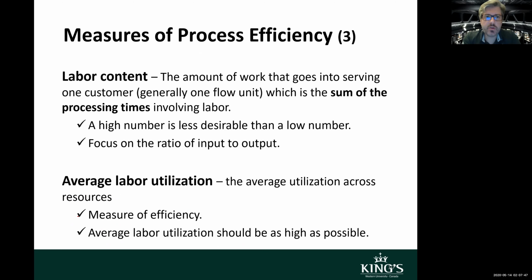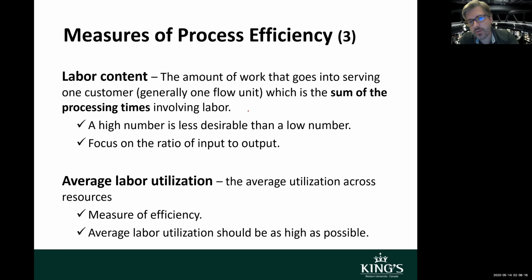So if we're talking about labor, we should think in terms of labor constraints and the content of labor within the value-adding activity of your process. So think about the labor content as the amount of work that goes into serving one customer or one flow unit. This is the sum of the processing times involving labor.